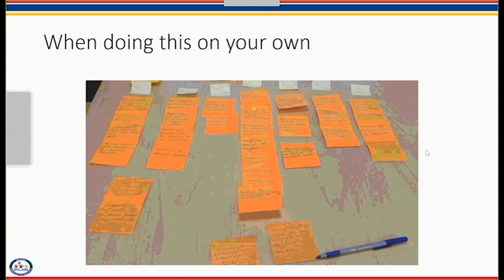And they could do this in teams of 2 to 5, and then they group their sticky notes together. If any are a duplicate, they can put one on top of the other or toss one of the duplicates. And now they have this great concept of what their students need to know.